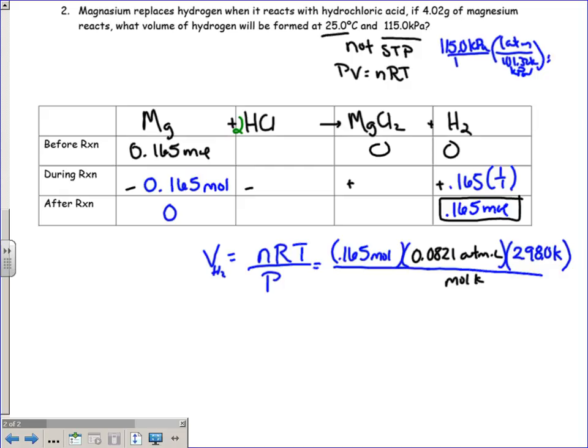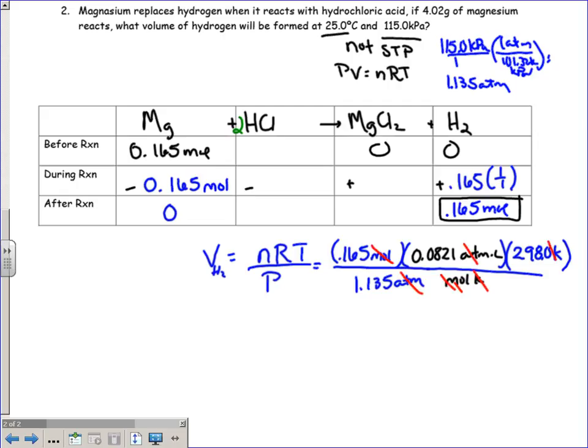So 115. And 1 point, what do we have here? 4 single digits. I'm getting 1.135 atmospheres. You guys should always verify my calculations. There we go. And now our moles cancel. Kelvins cancel.